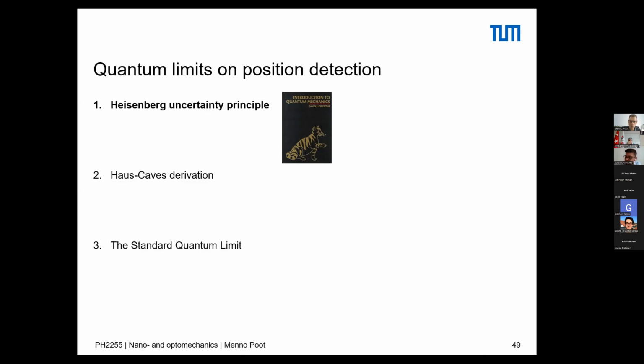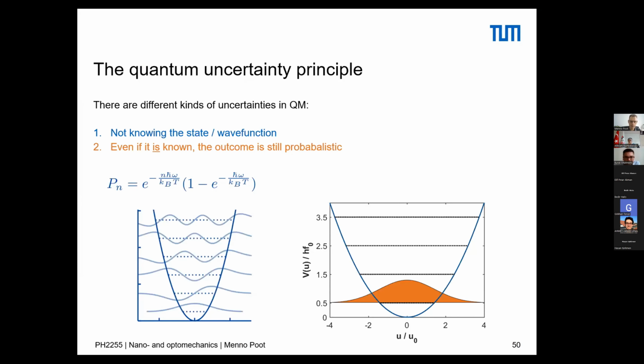In this case, it is good to know that in quantum mechanics, there are typically two different kinds of uncertainties. First of all is our ignorance. That is that we don't always know what the state or the wave function is that our system is in. For example, you can see here on the left the eigenstates of the harmonic oscillator. You can see there are all these levels.